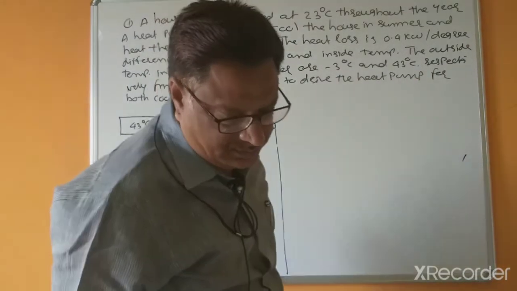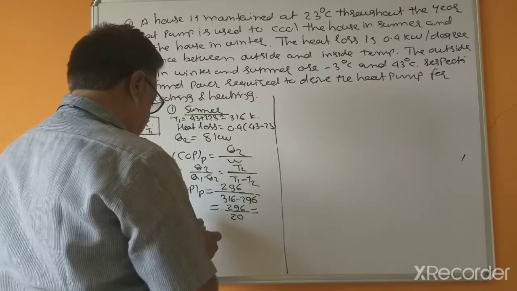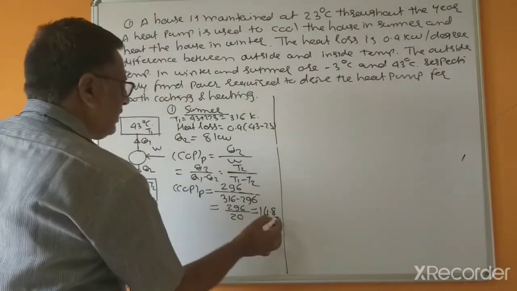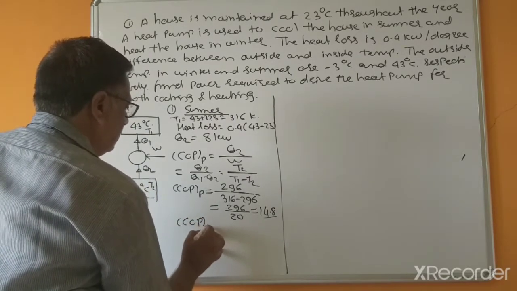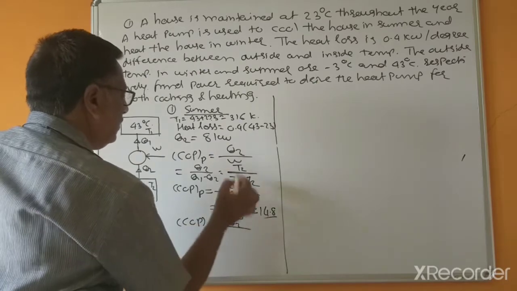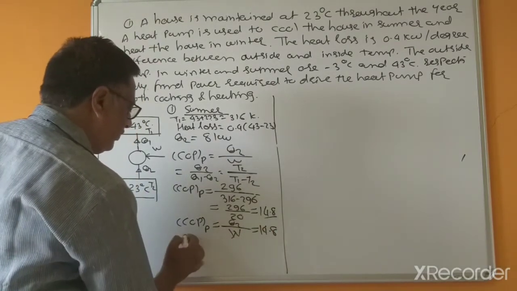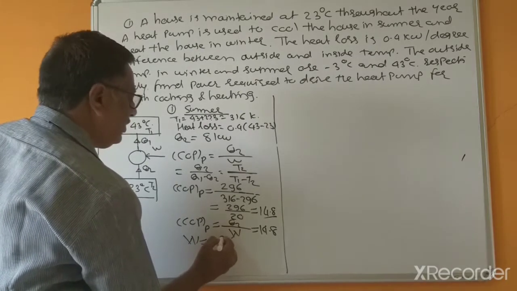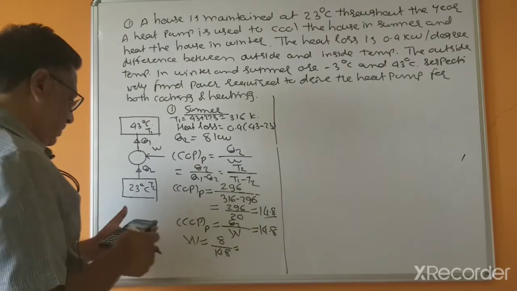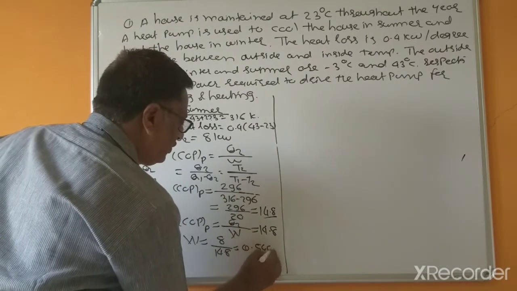COP of the pump equals 296 divided by 20, which is 14.8. Otherwise, using the formula COP of the pump equal to Q2 divided by work done, we can use this data: COP is 14.8, and work done equals Q2, which is 8 kilowatt, divided by 14.8. 8 divided by 14.8 is equal to 0.5405 kilowatt.